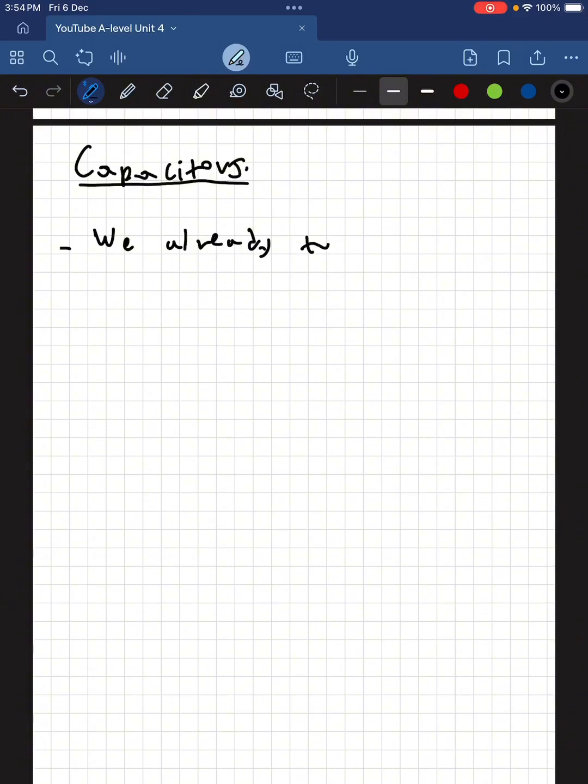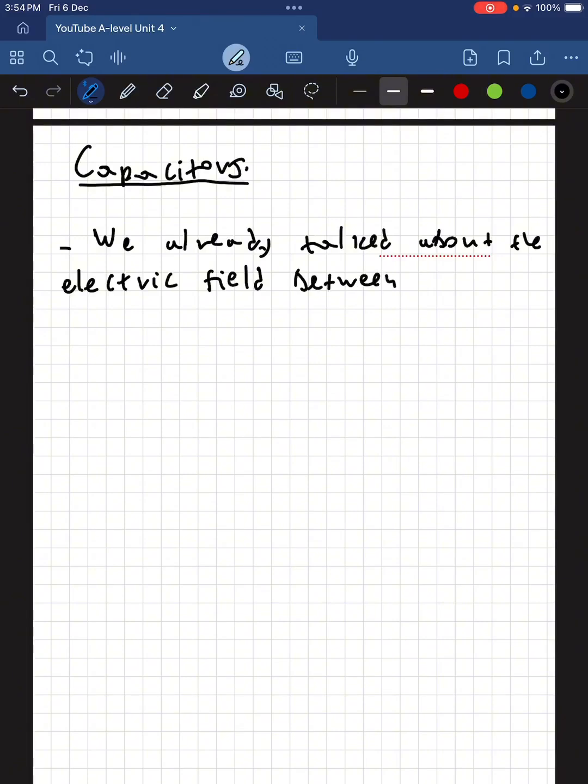So we already talked about the electric field between two parallel plates.